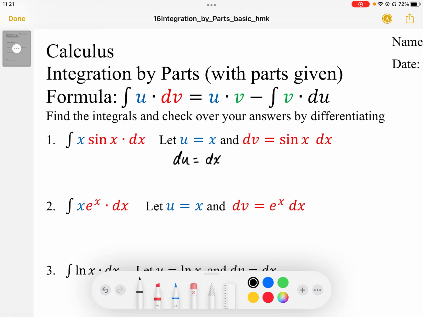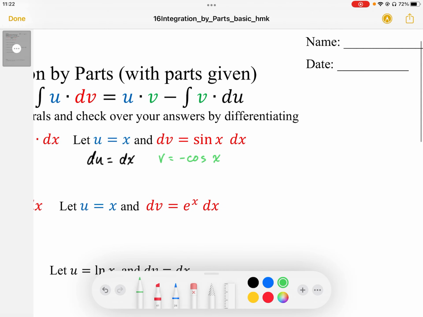The dv, we find the v part by integrating sine x. I'm going to end up with the derivative of negative cos is sine, so v is negative cos x.